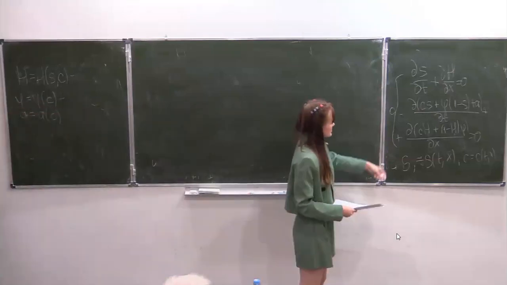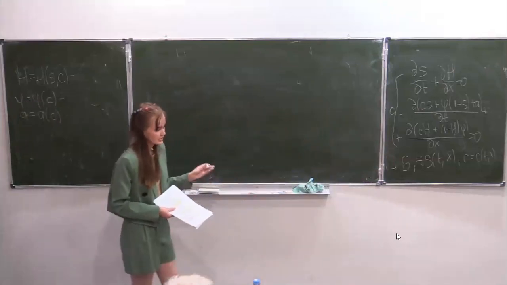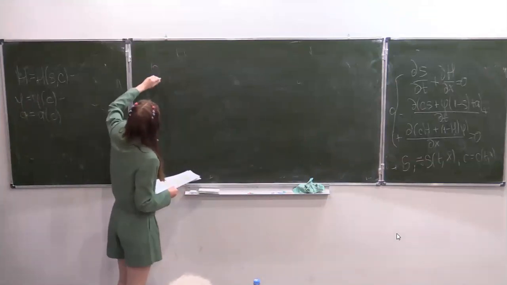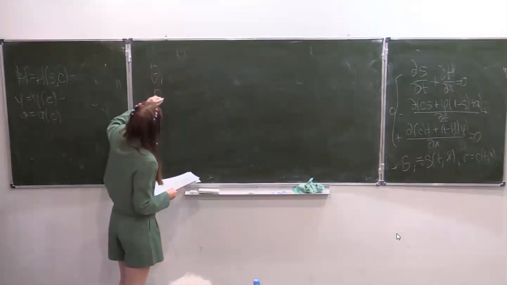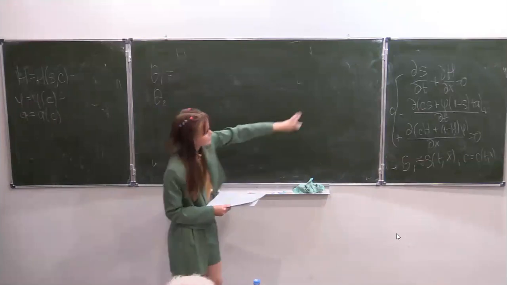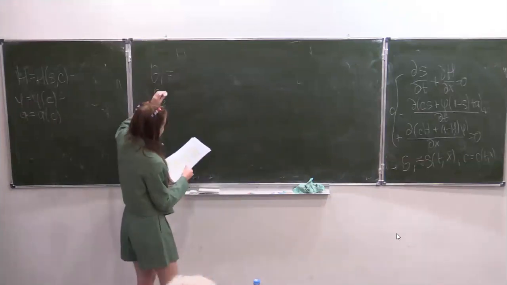On space R4 we can construct two differential two-forms, theta 1 and theta 2. I will write it for the first equation because the second is too long.